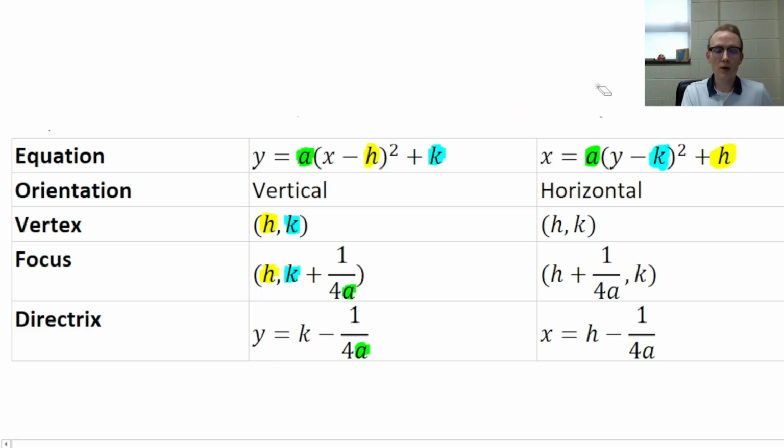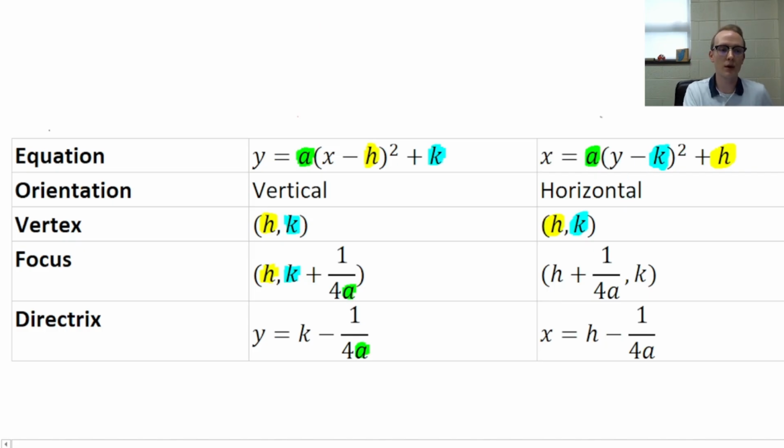Okay, your vertex is still at hk, but now we're not taking the opposite of what h is like we did with a vertical parabola, because h is outside the parentheses. Whatever we're adding or subtracting on at the end, that's going to be the x-coordinate of your vertex. K is now the point inside the parentheses that's being subtracted from y.